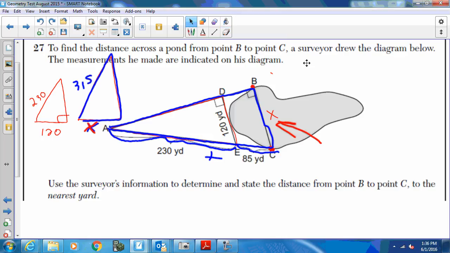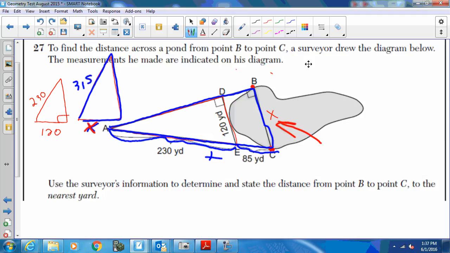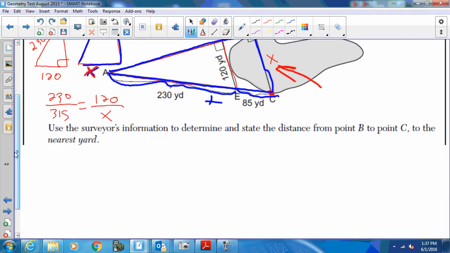Okay, so now if you recognize that these are similar triangles, you can go from here and set up a proportion. So what you would do is 230 over 315 is equal to 120 over x. And when you cross multiply, you get 230x is equal to 120 times 315, which is 37,800.